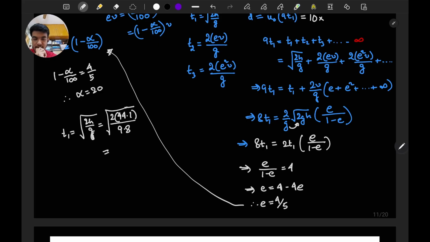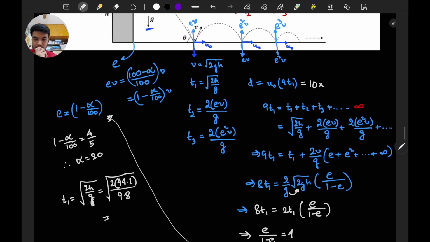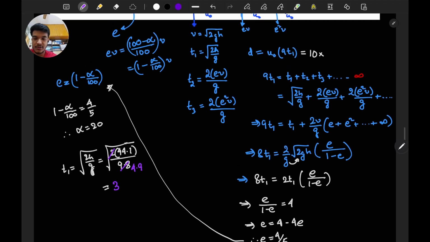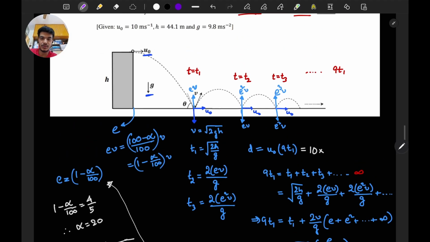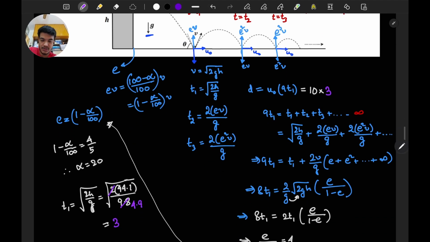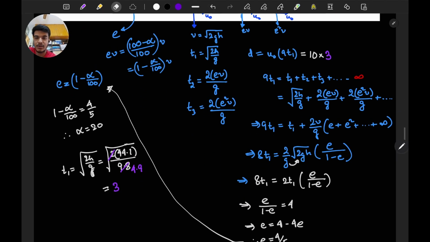Let me calculate this here, 4.9, and if I just do it, this is going to come 3 seconds. So this is 10 meter per second, and this is equal to into 3.